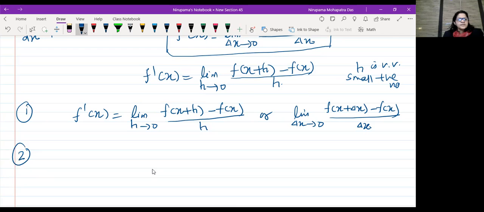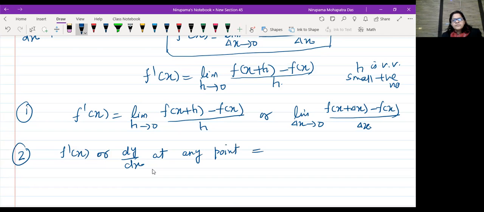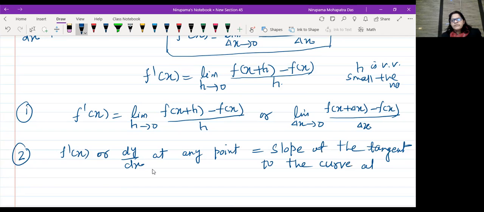The second thing we have studied: dy by dx, or f dash x, at any point equals the slope of the tangent to the curve at that point.